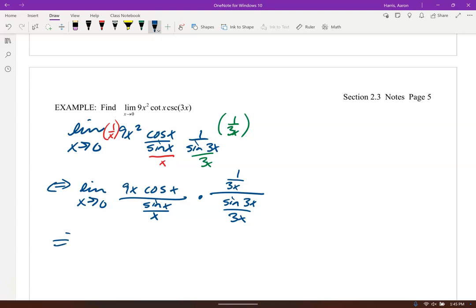Let me go ahead and multiply my numerators here. So I got 9x over 3x, which gives us 3 cosine x.